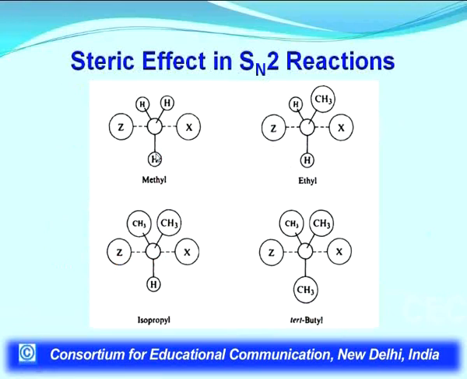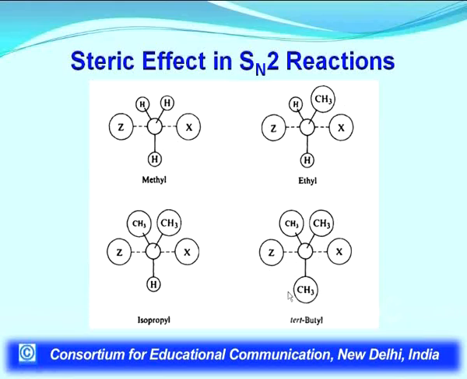Then this shows something else. This shows the transition state, where Z, the attacking group, has partly formed a bond, and the carbon halogen bond is partly broken. In the case of methyl, ethyl, isopropyl and tertiary butyl, we find that as you move from here to here, our transition state is more and more crowded, because in the transition state there are 5 groups attached to the carbon. Here there are 2 groups but 3 hydrogens. One methyl has come, two methyls have come, and in this case there are 3 methyls, 1 leaving group and 1 attacking nucleophile.